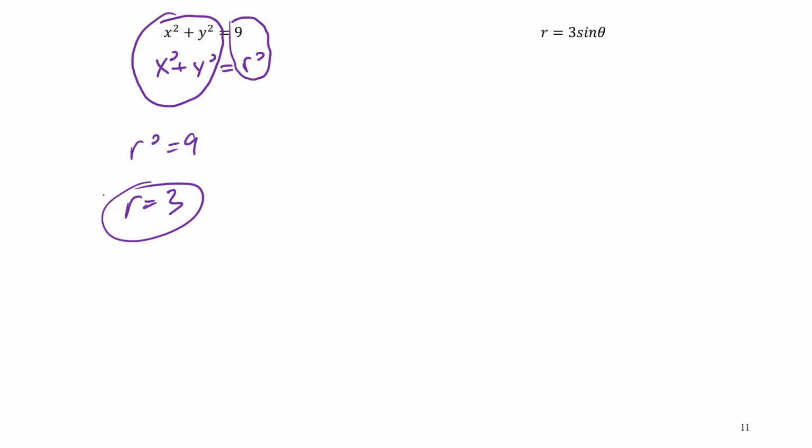So for the next one, we have r equals 3 sine theta. And so for this one, we can use a variety of different methods, or techniques. And so we have x is equal to r cosine theta, y is equal to r sine theta, and r is equal to the square root of x squared plus y squared, and then r squared is equal to x squared plus y squared.